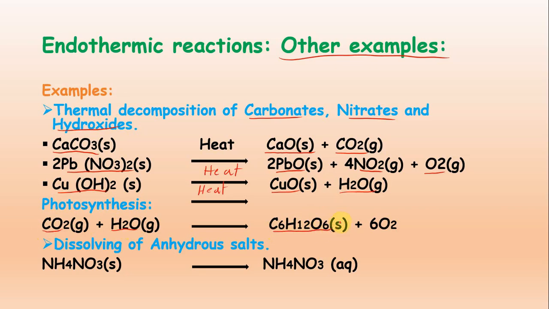This is photosynthesis, the food of the plant prepared in the leaves, right? Leaves are called the food factories of the plants, and they will also produce oxygen gas, which is very important in our environment, right?